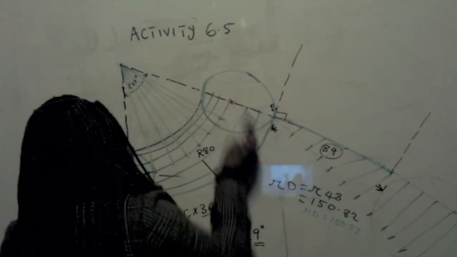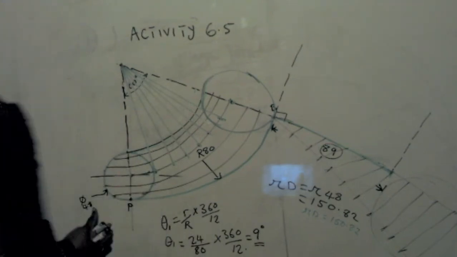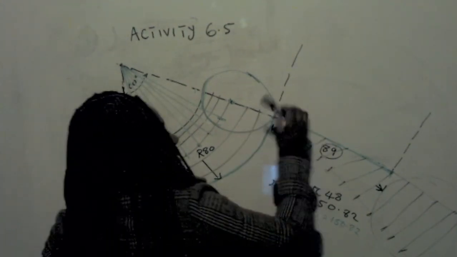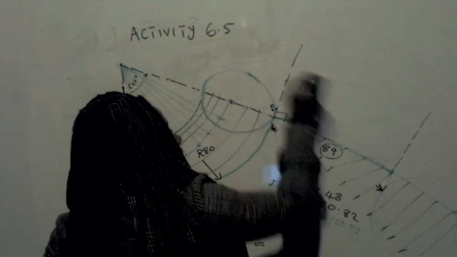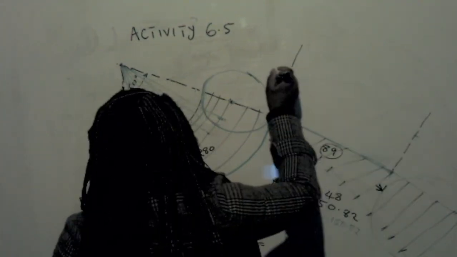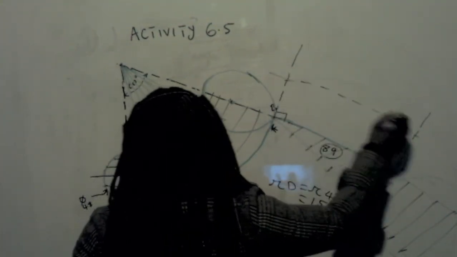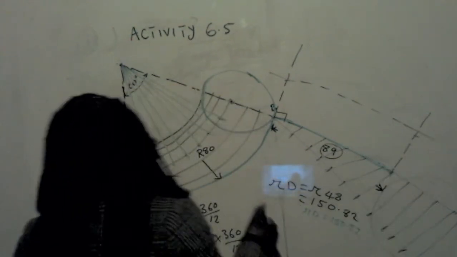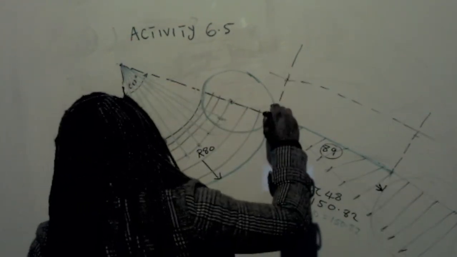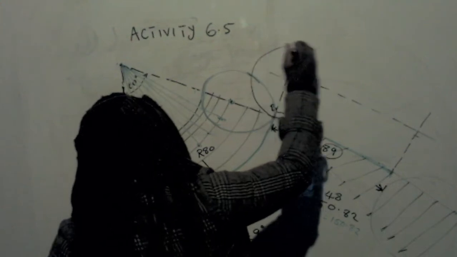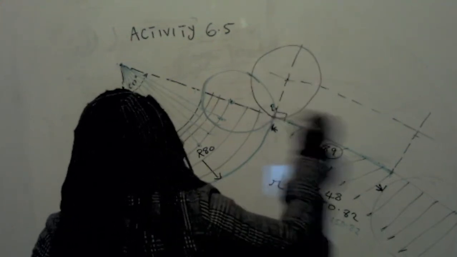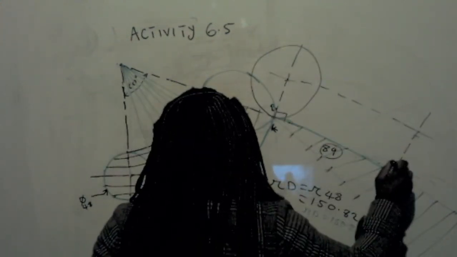Then because the radius is 24, measure 24 and 24, then draw the center line. Then you draw a circle there, and a circle at the end there of radius 24.